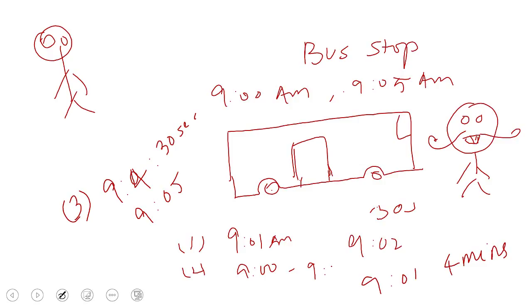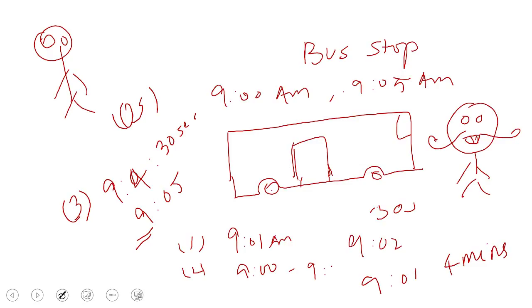By coincidence, Rama appeared at exactly 9 o'clock, 4 minutes and 30 seconds. The moment the door opened, Rama appeared and caught the bus. In this case 3, the waiting time of Rama was 0 seconds. It was so perfect.